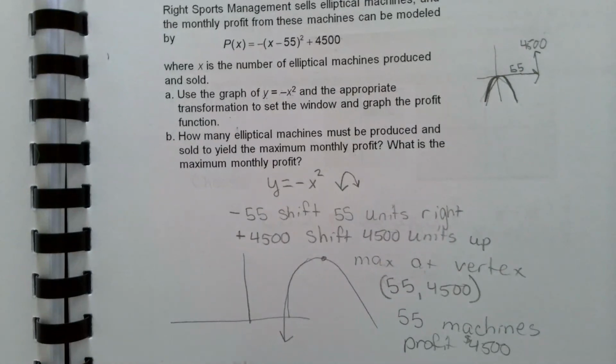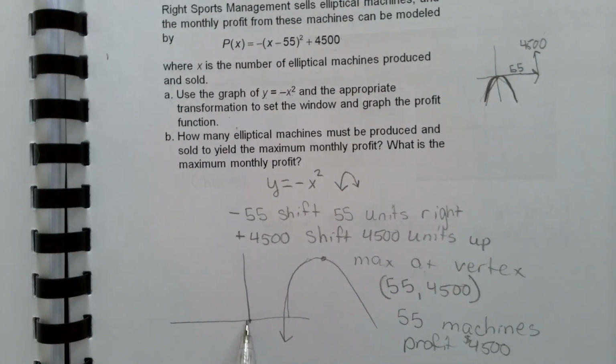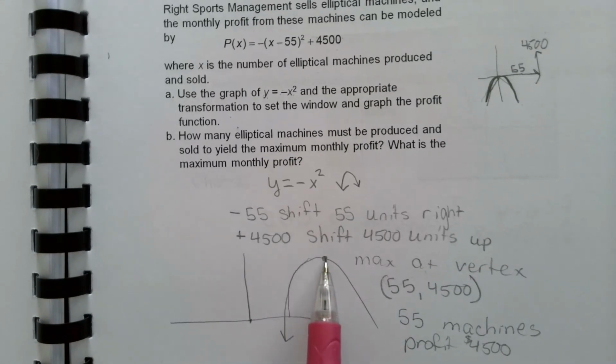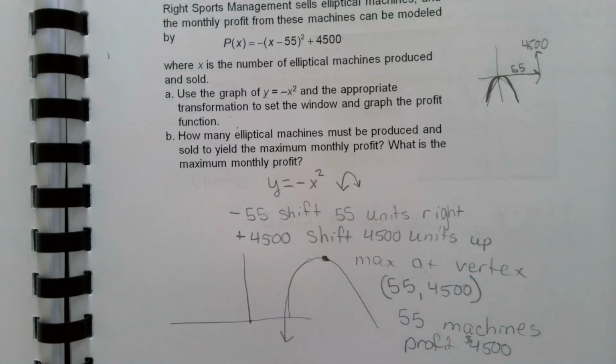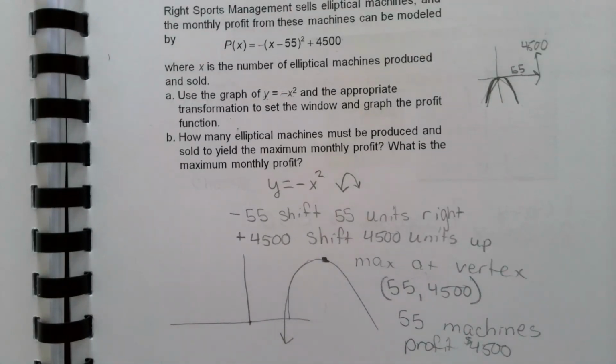So that means instead of the vertex being down here at 0, my vertex is going to go over 55 and up 4,500 units to where my vertex is now located here. So it shifted 55 units to the right and 4,500 units up.